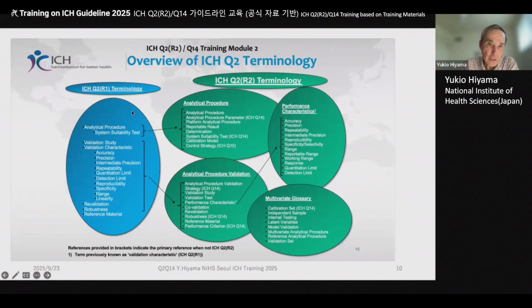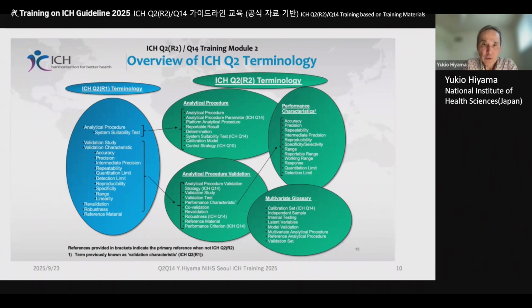these are the terms defined in old Q2(R1), which was published nearly, I think, 30 years ago. So the revised ICH Q2 validation guidance document has many more terms defined.